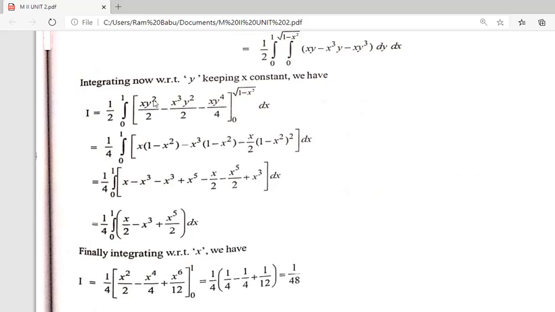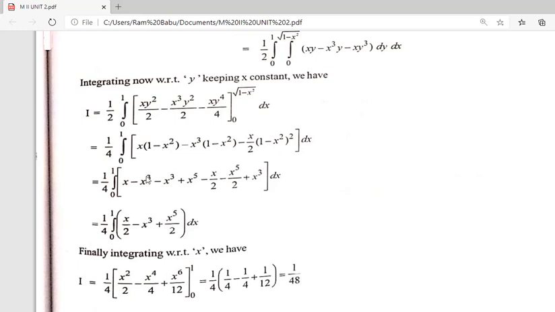Here y square means 1 minus x square, root of 1 minus x square whole square, minus x cube into root of 1 minus x square whole square, minus x into root of 1 minus x square whole power of 4, its value is 1 minus x square whole square.